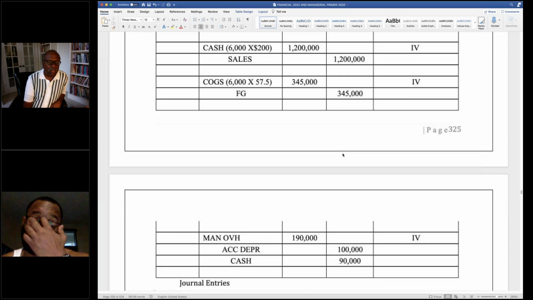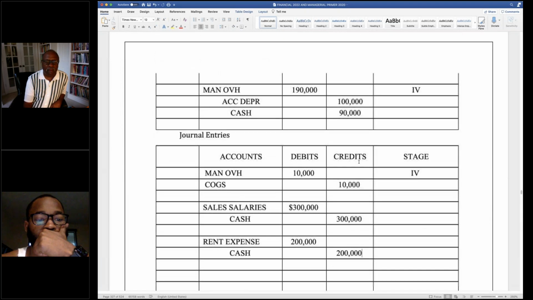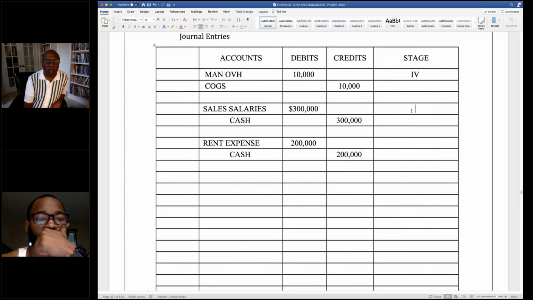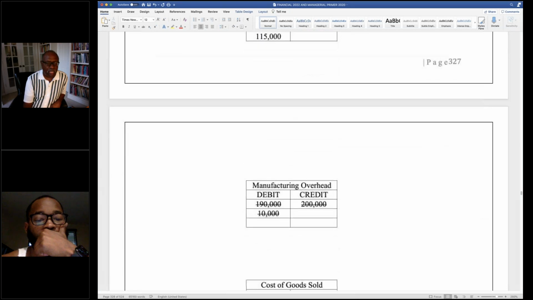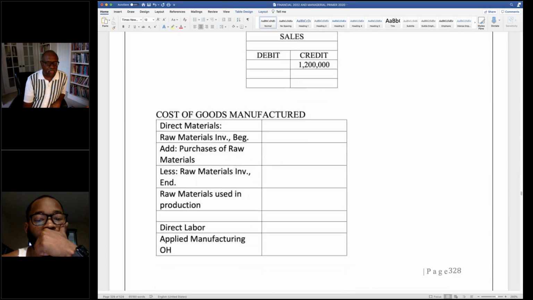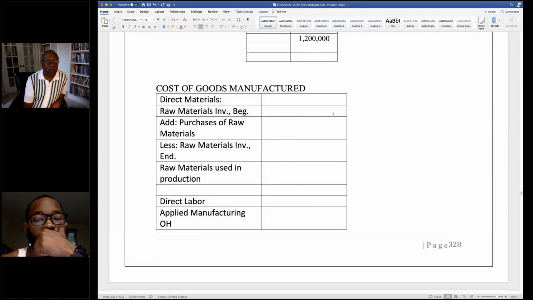So with our journal entries made, V for we've been victorious in getting those journal entries made. We now need to do a cost of goods manufactured statement.